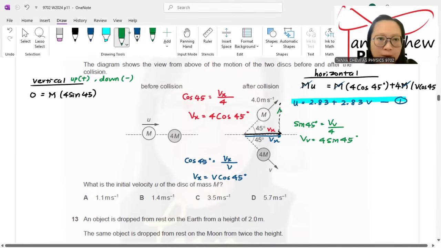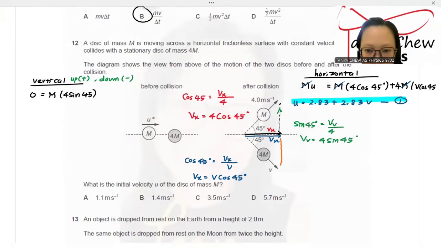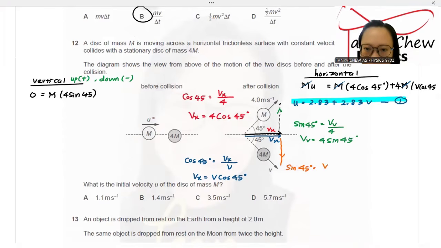And then what about 4m? Look at 4m. I am going to use orange color. You see 4m, when I resolve it, it is going downwards. Down is negative. Remember, down is negative. So still the same thing: sine 45 is equal to V vertical over V, so V vertical is V sine 45.